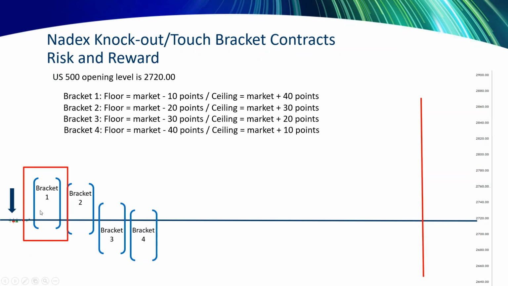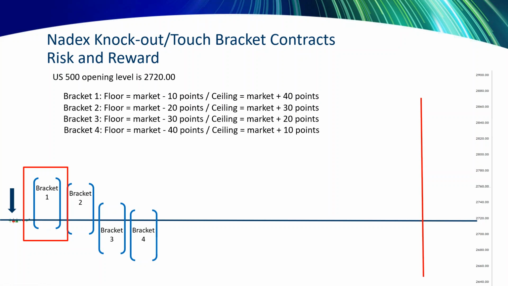Now, one note on that, right? Just because we have the lowest risk trade doesn't always mean it's the best trade. What I mean by that is, if you look at the market here, let's say that all of a sudden the market is sitting down here and it's only about 10 ticks away from the floor. We could get into a really low risk trade, but that might not be enough room for the market to breathe.